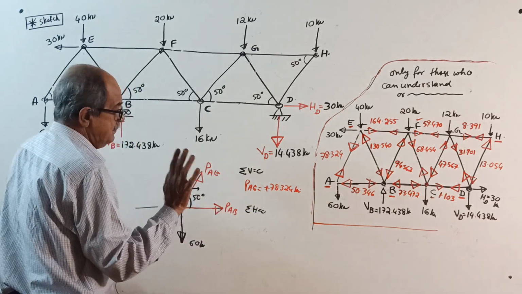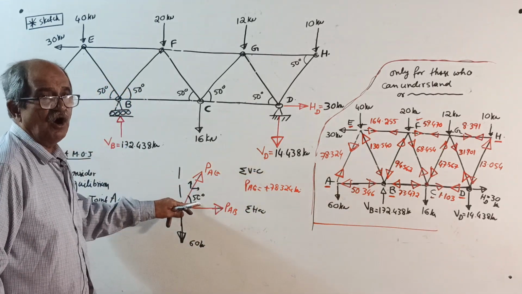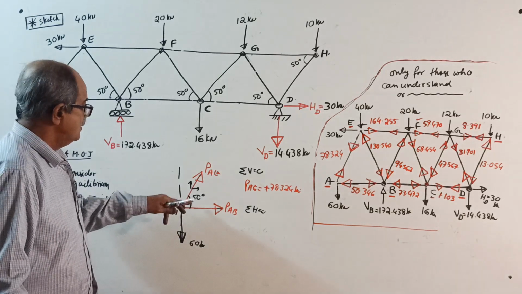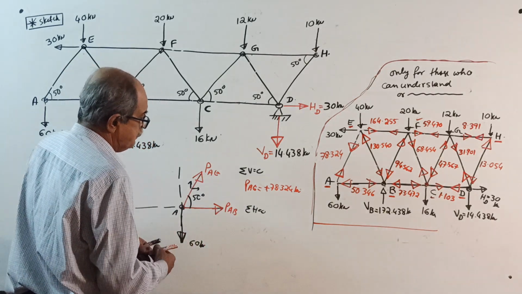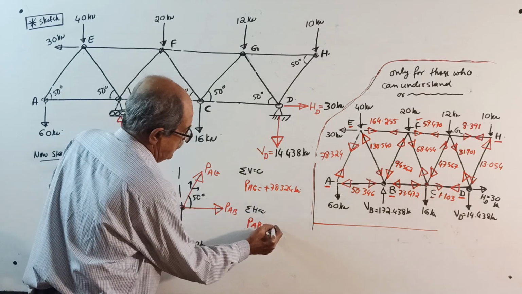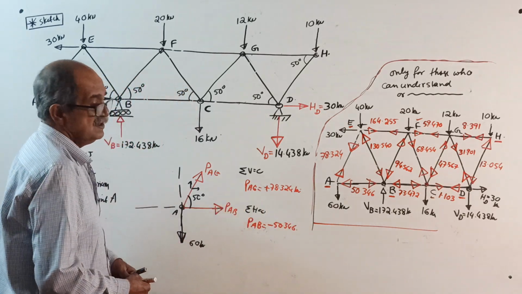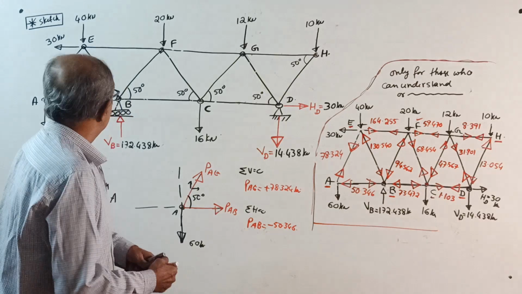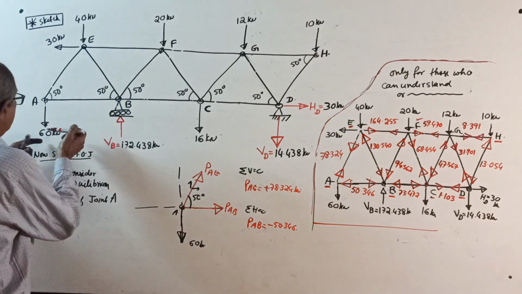Then sigma H equal to 0. Plus PAB plus PAE cos 50 equal to 0. Substitute PAE equal to 78.324. You will get PAB equal to minus 50.346. Joint A is completely over. Come to the sketch. We assumed like this, positive came, correct.